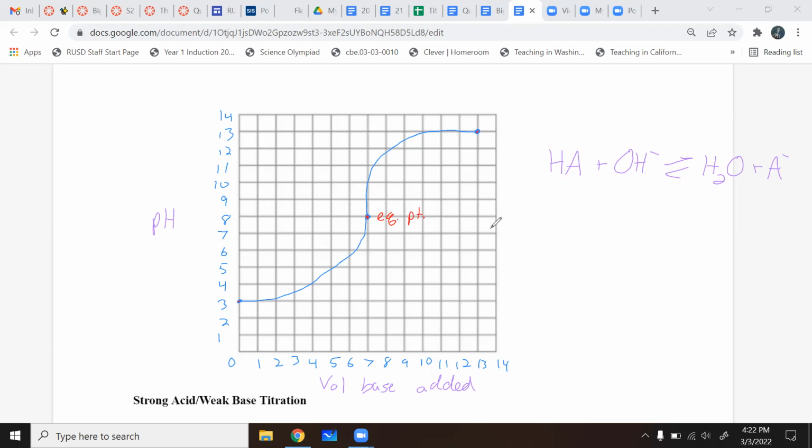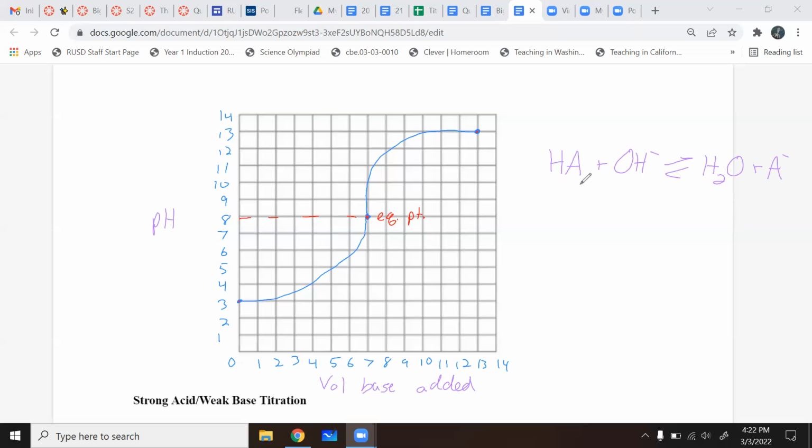But there is something different about this equivalence point. You will notice that our equivalence point is no longer at a pH of 7. Now, if we trace this over, our equivalence point is actually hit at a pH of 8. And the reason for that is revealed from this equation over here.